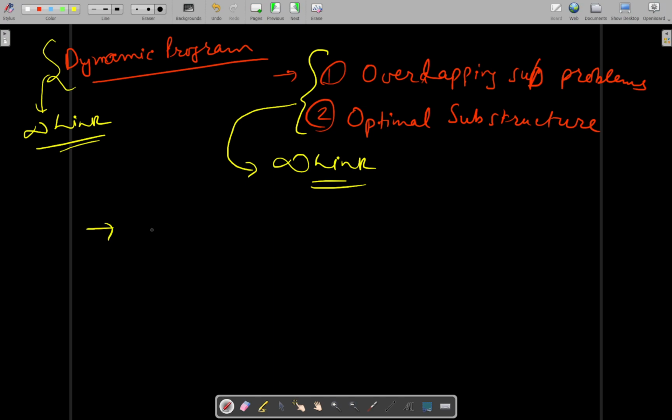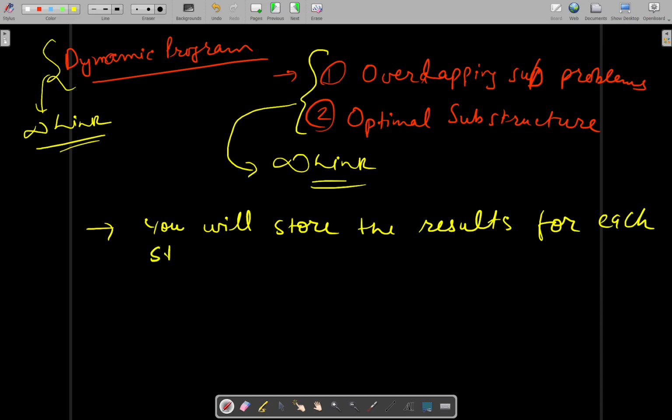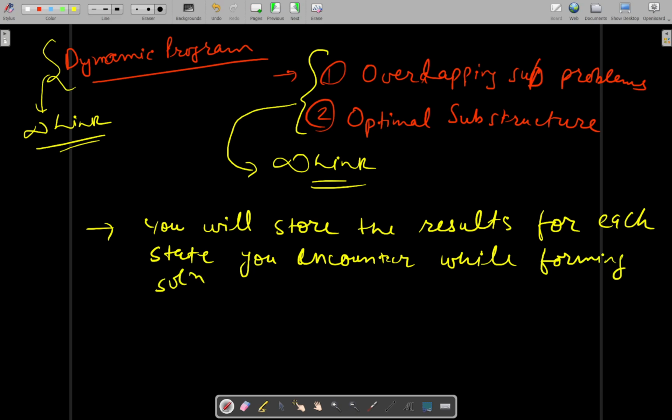What you will do is store the results for each state you encounter while forming the solution. It will save extra work.